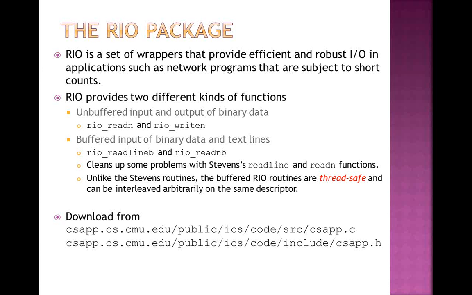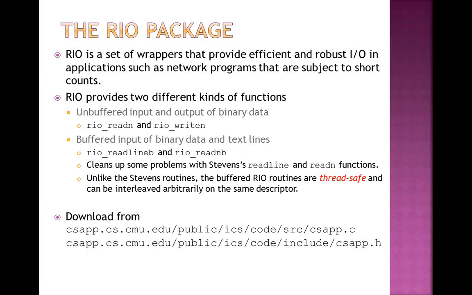As I told you, RIO is a set of wrappers that provides network programs that are subject to short counts. RIO provides two different kinds of functions that we discussed in the last class.